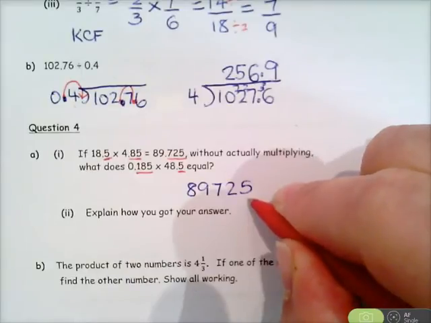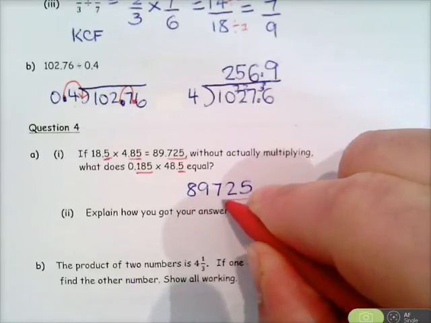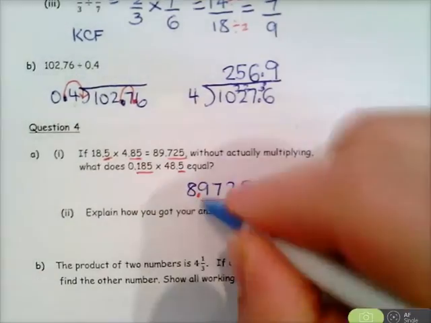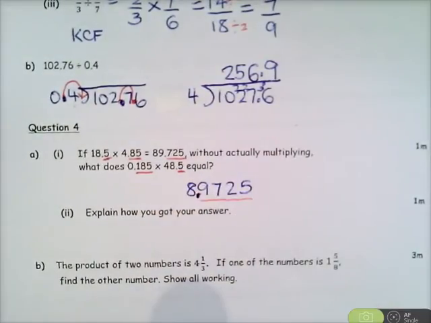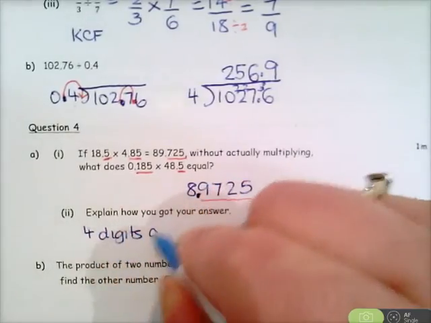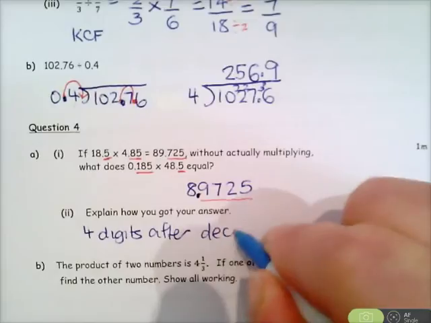That's 4 digits after the decimal point. I've got 1 2 3 4. So my answer has to be 8.9725. That way I will also have 4 digits after the decimal point. So how do you get your answer? There must be 4 digits after the decimal point.